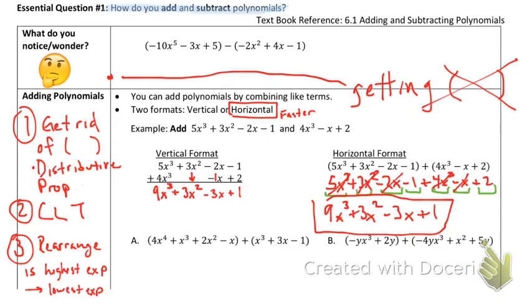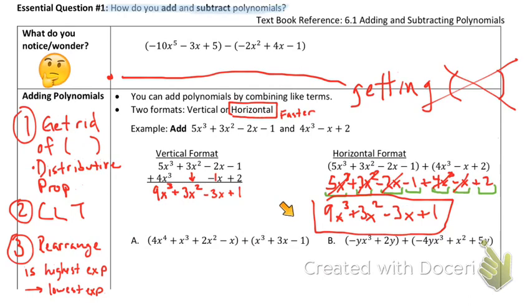Okay, so like I said, I prefer doing horizontal method. So the first thing I want to do is make sure I don't have anything to distribute to get rid of the parentheses. So if you look, there's nothing here to distribute in, and there's nothing here but a positive 1 to distribute in.